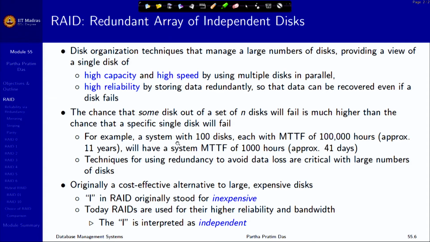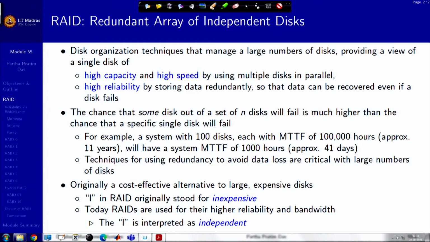So, why do we need such a disk organization? Our basic motivation for RAID is to manage a large number of disks while providing a view of a single disk. So, actually there is a large number of disks, but from the point of view of the CPU or the system writing to that disk, you view it as if it is a single disk.